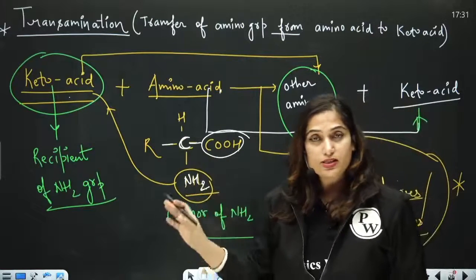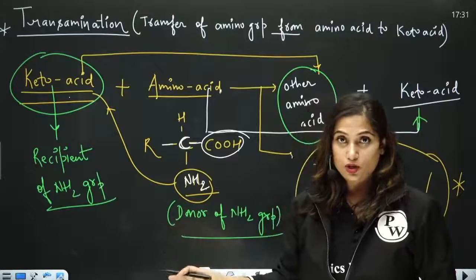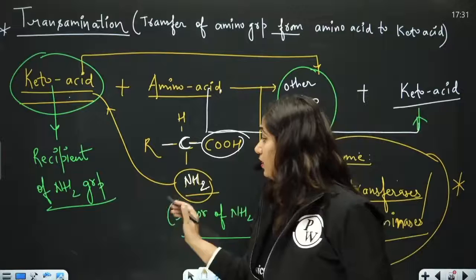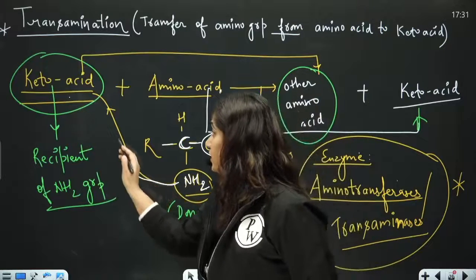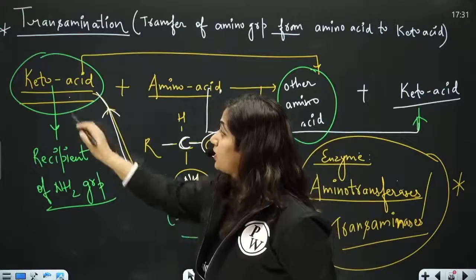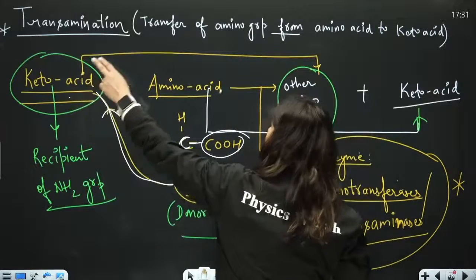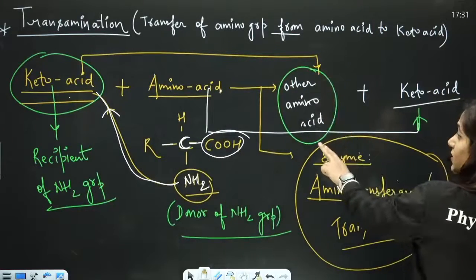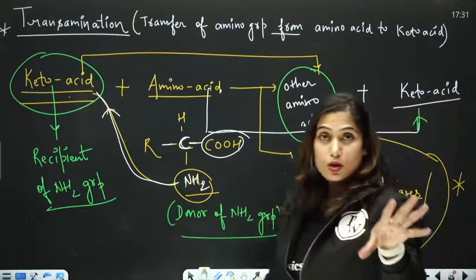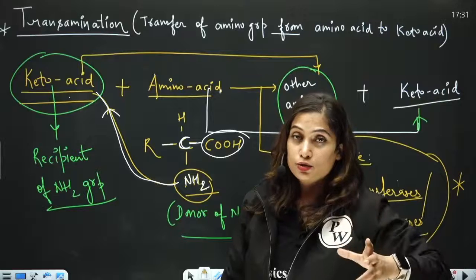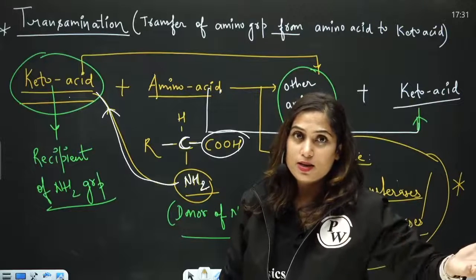So a process in which an amino acid transfers its amine group to a keto acid so that this keto acid gets converted into an amino acid. You know, as soon as a keto acid accepts an NH2 group, amine group, it becomes an amino acid.